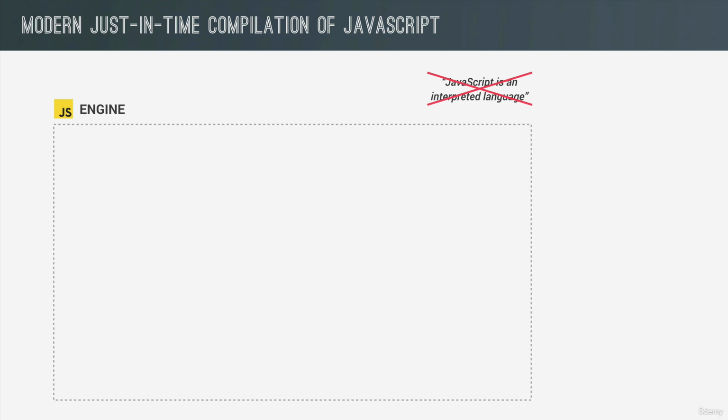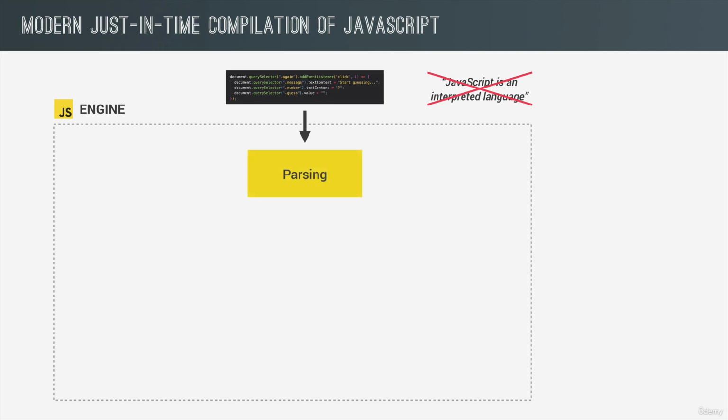So, as a piece of JavaScript code enters the engine, the first step is to parse the code, which essentially means to read the code. During the parsing process, the code is parsed into a data structure called the abstract syntax tree, or AST.